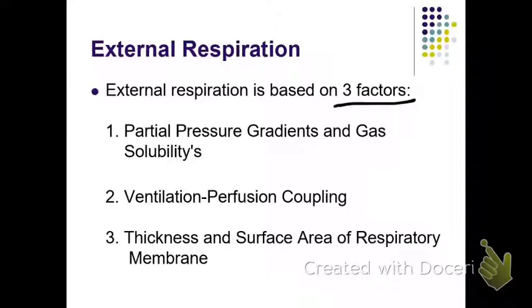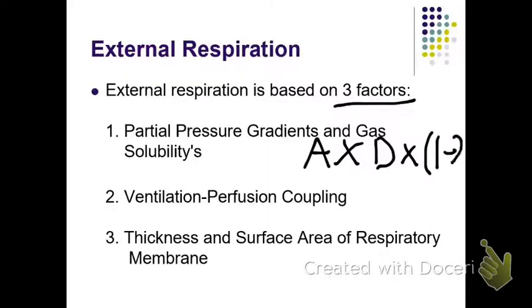And we can use Fick's law of diffusion to find the rate of diffusion with this formula of A times D times the difference in partial pressures between the 1 and 2 gases, all over T, which is the thickness of the tissue, where A is the tissue area and D represents the diffusion coefficient of a gas, which is typically a given constant.